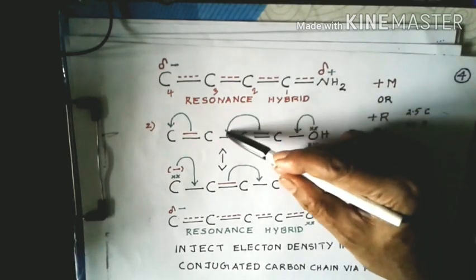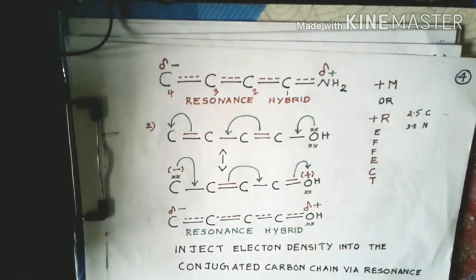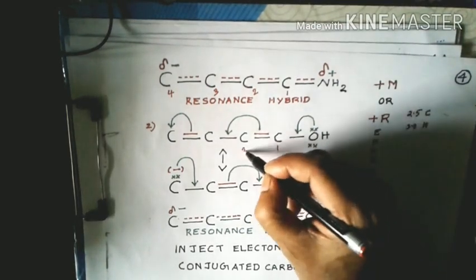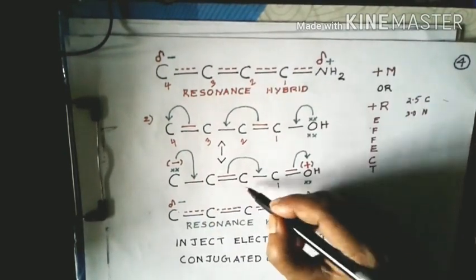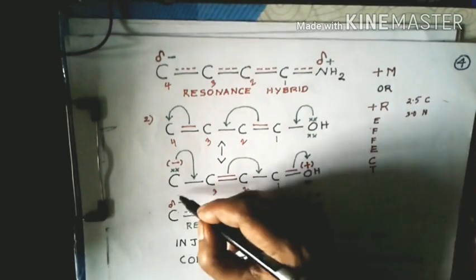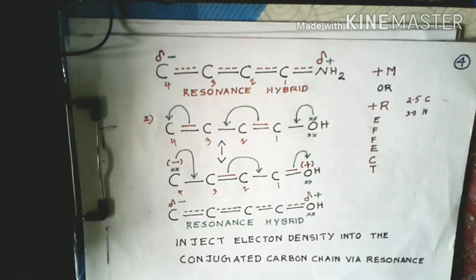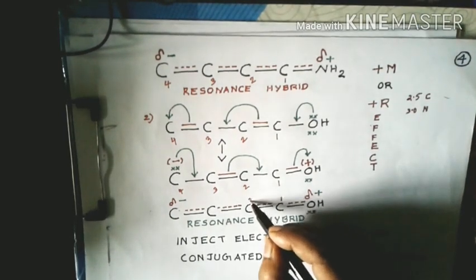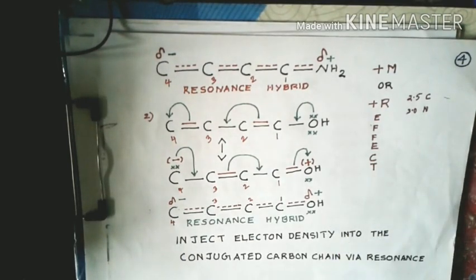Simultaneously the bond shift occurs over carbon 4, and so the oxygen atom of the OH group possesses a positive charge in the unstable canonical structure, so that the resonance hybrid will possess a partial negative charge on carbon 4 and a partial positive charge on the oxygen atom.